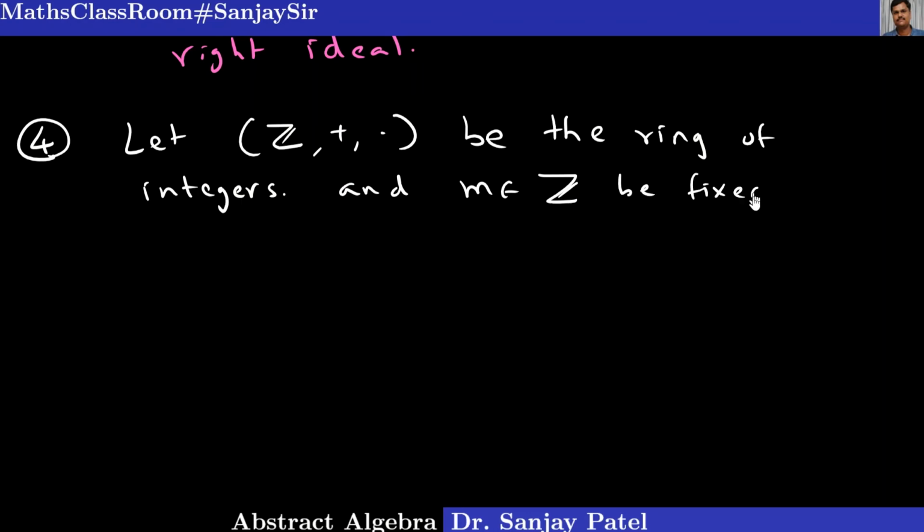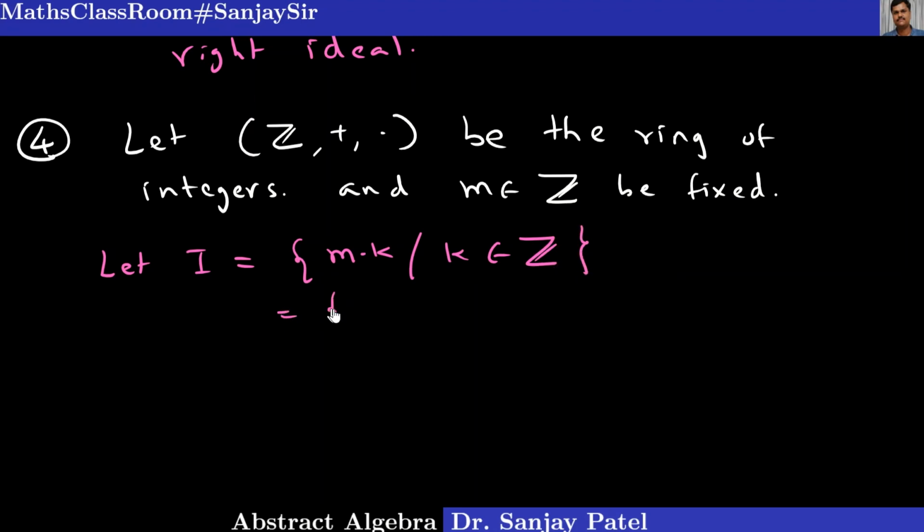This is some fixed integer. Define the set I as the set of all multiples of m. So it is m into k, where k is any integer.